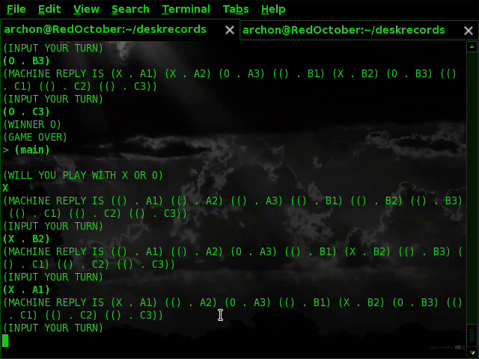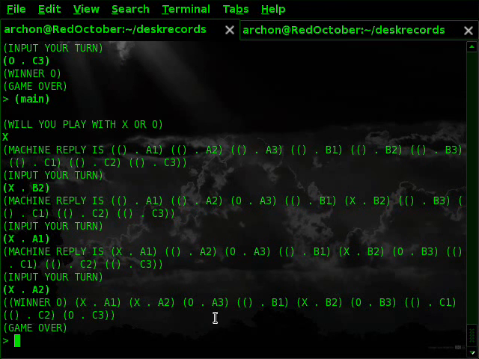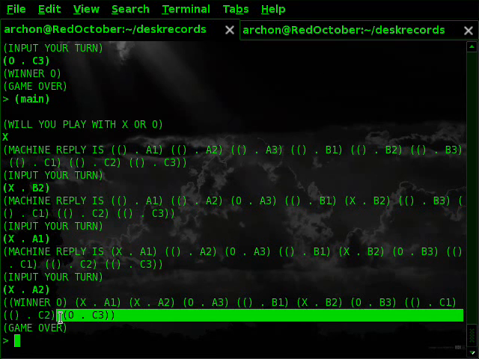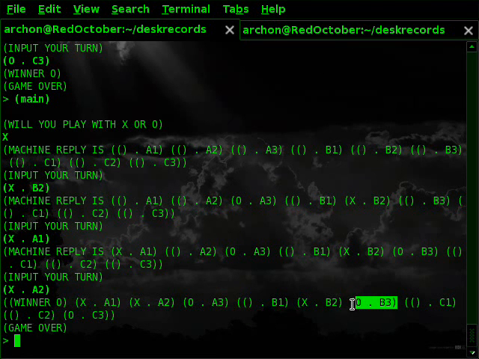Okay, I'm now going to place an X on A2. And the machine places an O on C3 and wins the game. It now has fulfilled the entire third column.